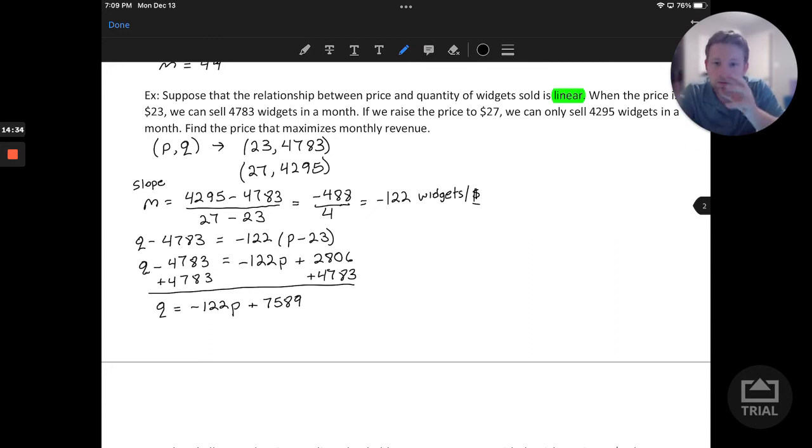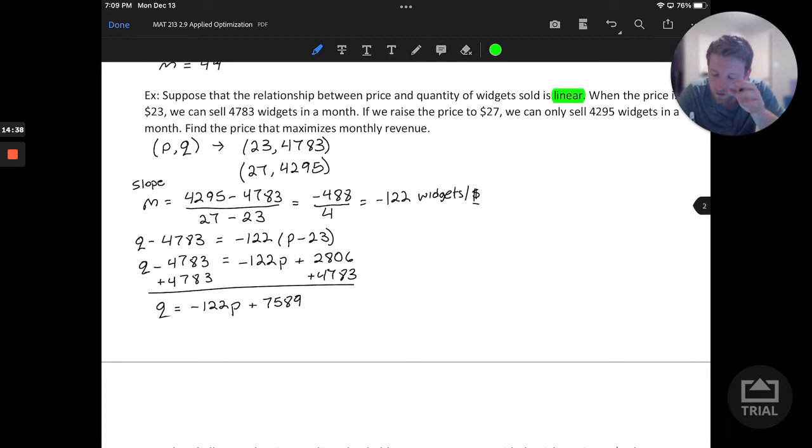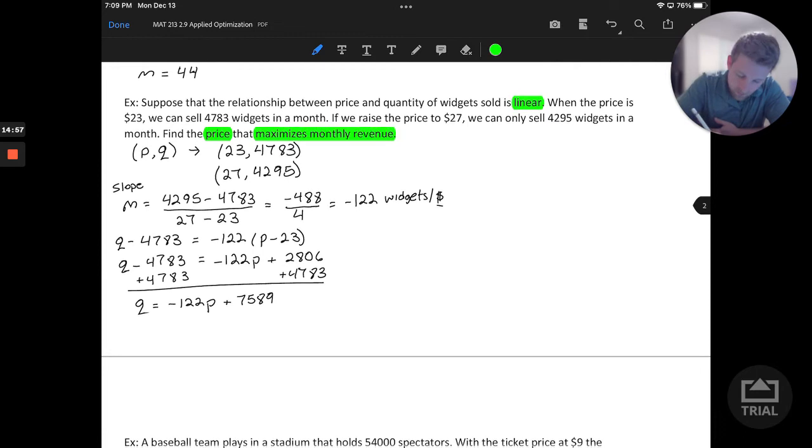But now we have to know, what am I actually going to find? We want to find the price that maximizes revenue, monthly revenue in this case. So we still need a revenue function. And we know, based on previous examples, revenue is price times quantity. So we're going to use those two values again, price times quantity, and work out our revenue.